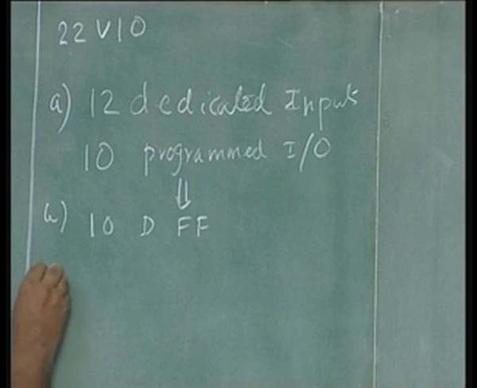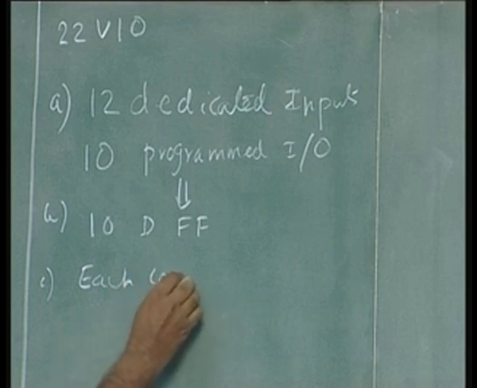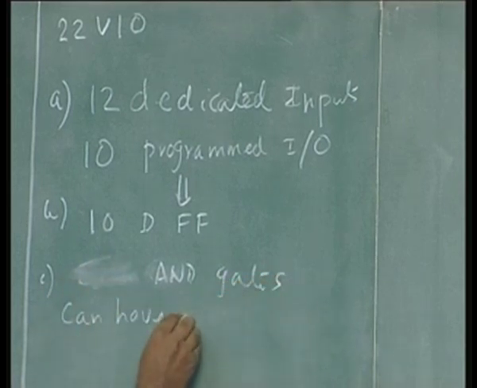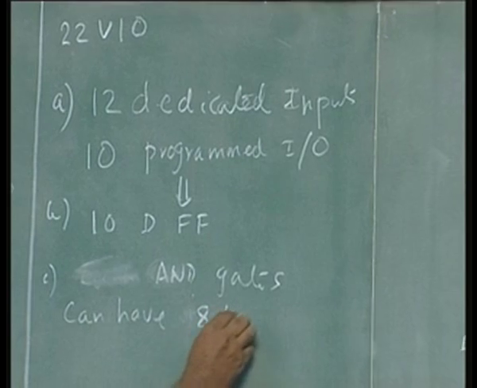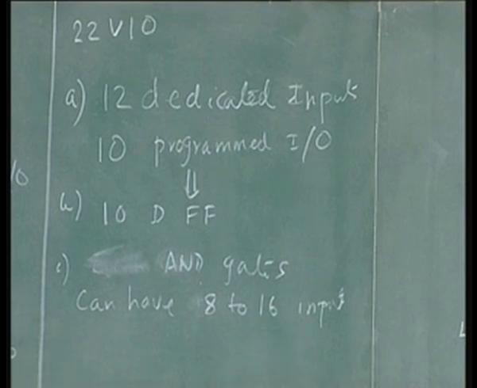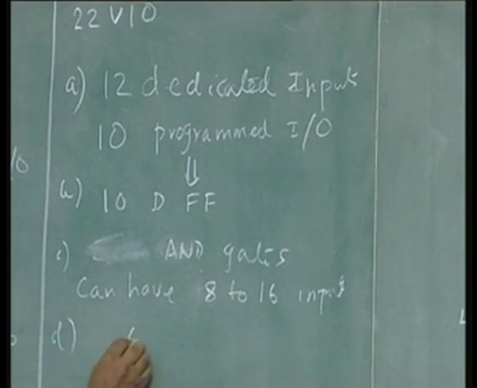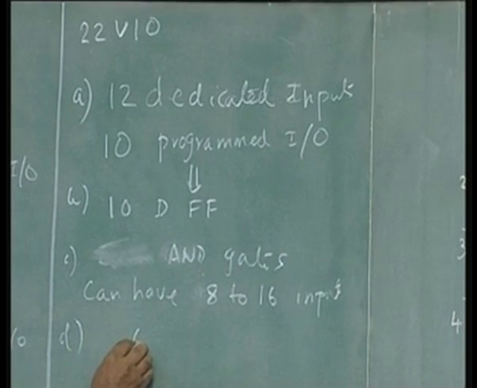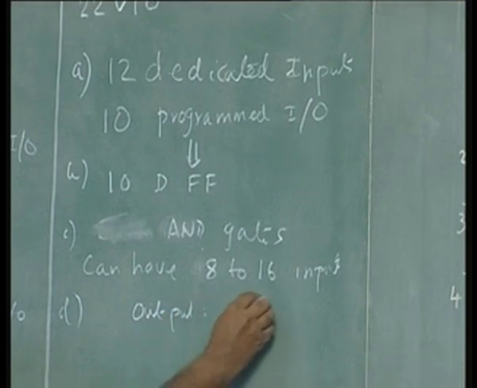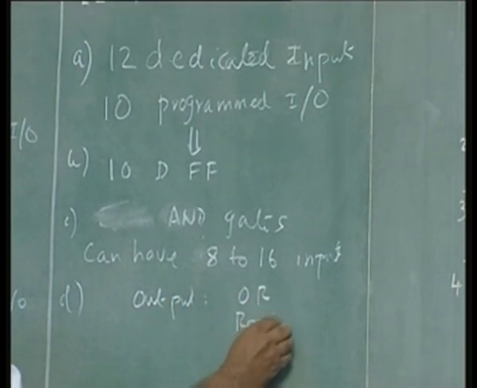Then each of the flip flops, each of the OR gates, each combinational AND gate can have, or not each, AND gates can have 8 to 16 inputs. So output can be registered, or output combinations, or output, registered output, I/O output.